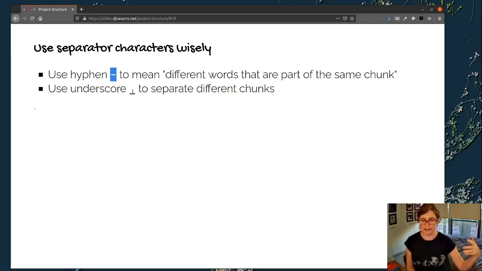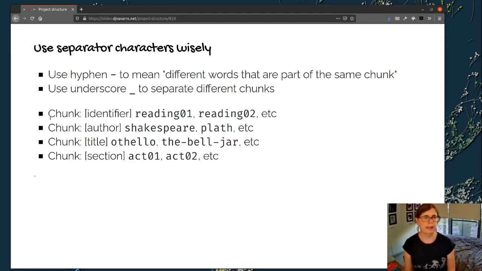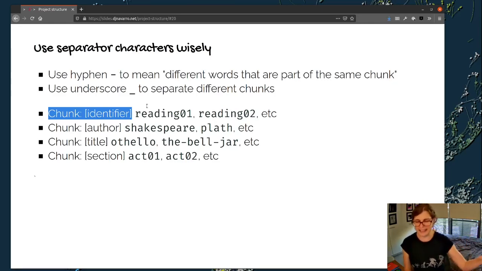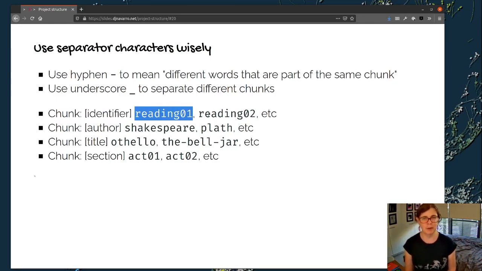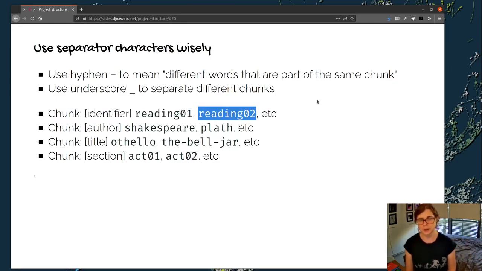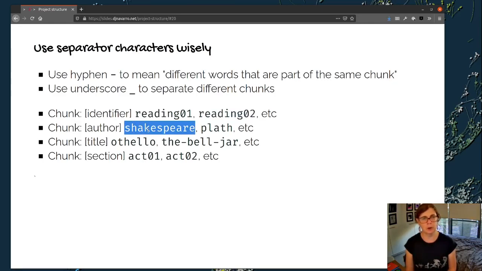Say you want to make the distinction between this bit is the title and this bit is the author. So here's what I mean. One type of chunk might be an identifier that specifies which reading number it is in the reading list, so it might be reading 01, reading 02, and so on. You could have another chunk which specifies the author, so that might be Shakespeare, Plath, and so on.